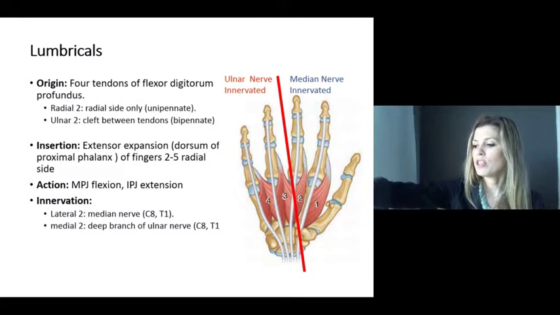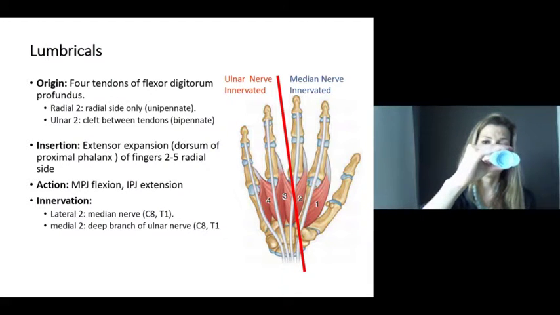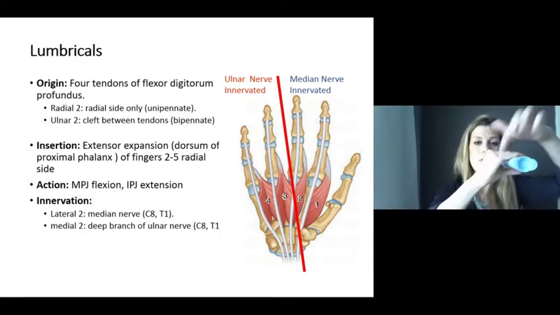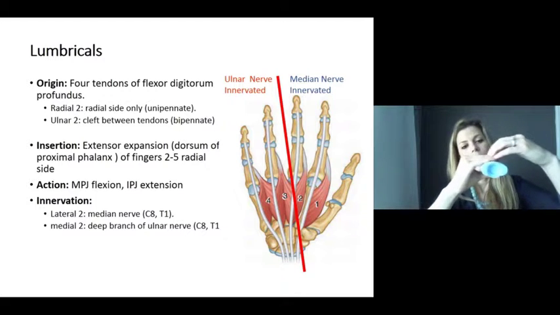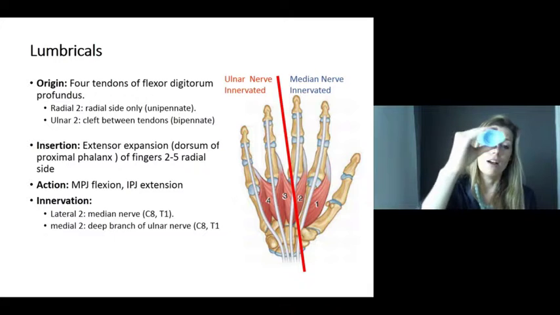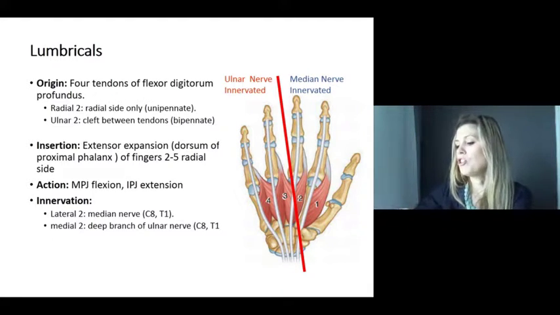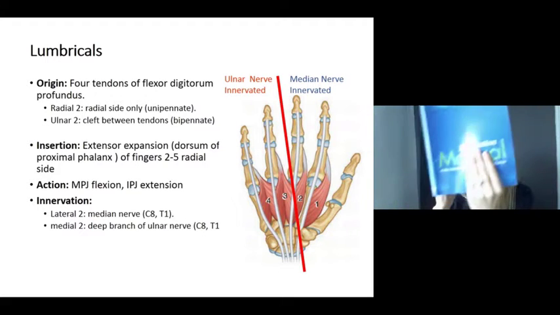If we're going to grasp a functional item like deodorant, for example, you might be in that lumbrical grasp pattern where the MCPs are flexed and the IPs, meaning PIPs and DIPs, are extended. You might also be engaging these lumbricals if you are reading a book.